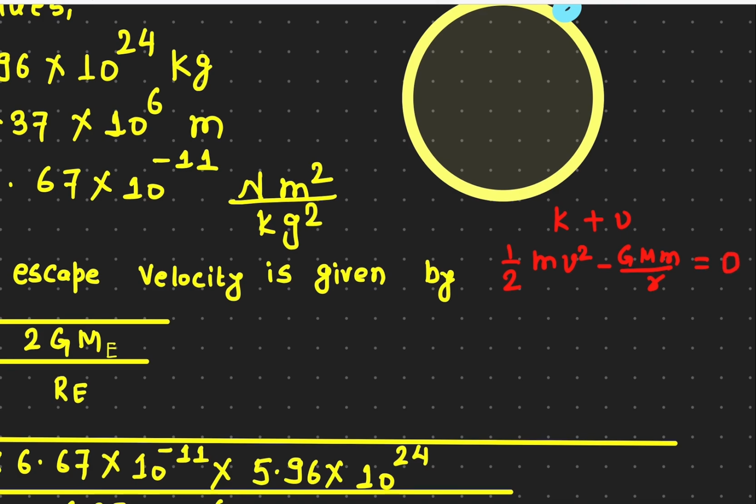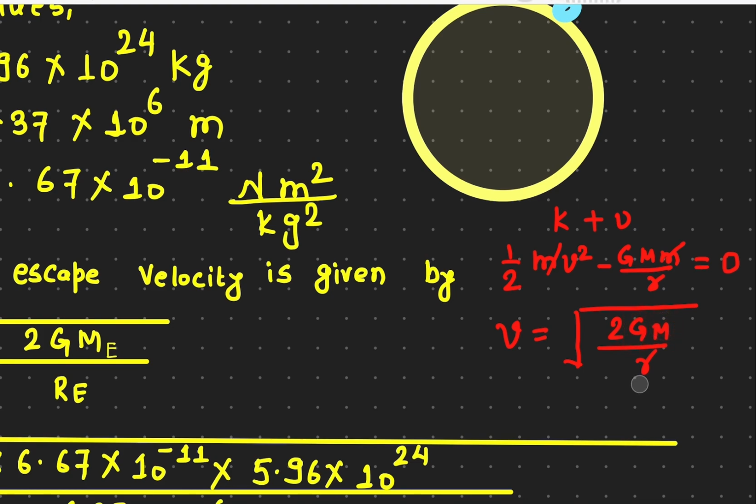So if I solve for v, the mass m and this mass will cancel out. It will simply be v equals the square root of 2GM over R. In this case, G is the universal gravitational constant, and M is the mass of the Earth.